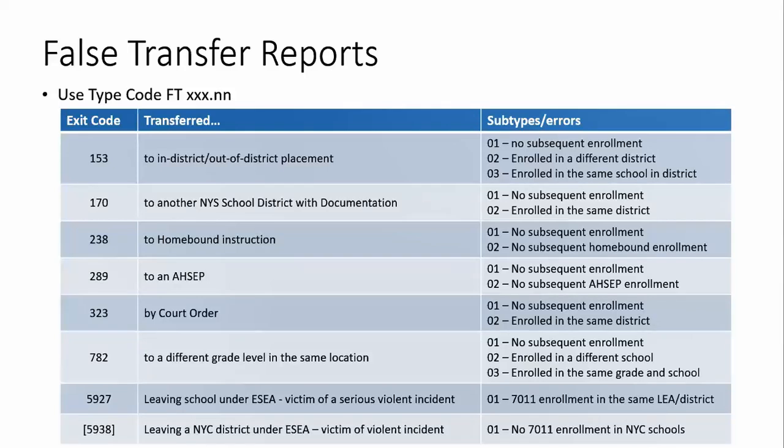They're prefixed with an FT, followed by the exit code specified on the enrollment record that has been flagged, and that is followed by a subtype code of 01, 02, or 03. The subtypes indicate the reason that the exit code is not valid. In other words, why the subsequently reported data would indicate that the exit code is not correct.